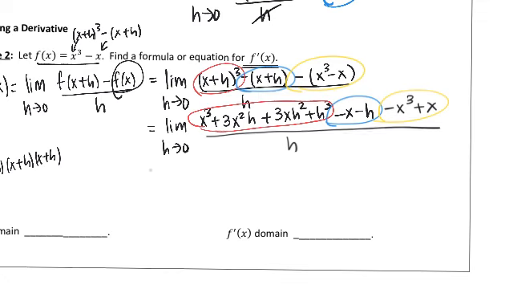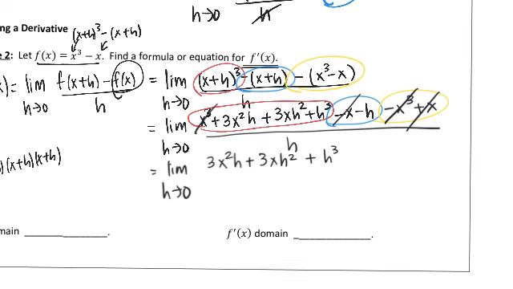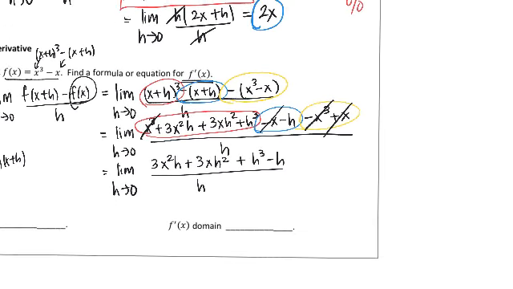So now you want to simplify that numerator. So this cancels with this, and this goes away. And now we're left with 3x squared h plus 3xh squared plus h cubed minus h all over h. And then you can see that if you put in the arrow number right now, you'd get 0 over 0. So what we want to do is pull now the h out as a factor.